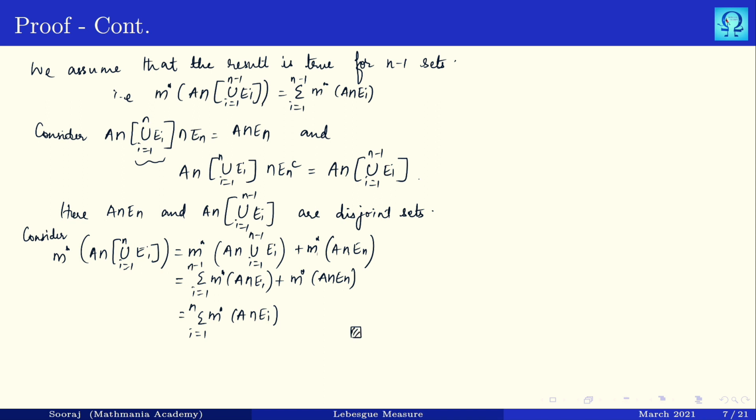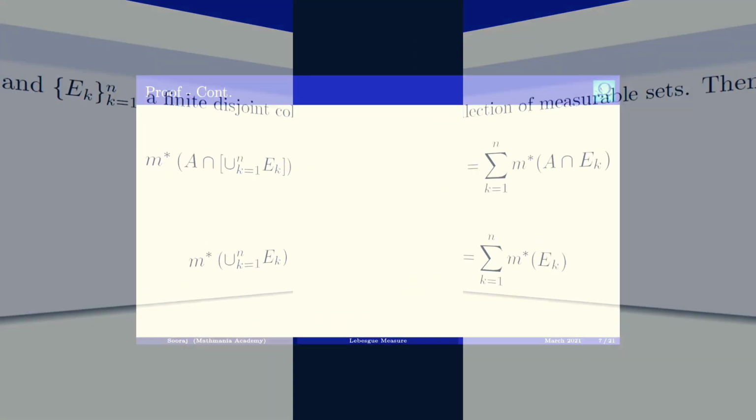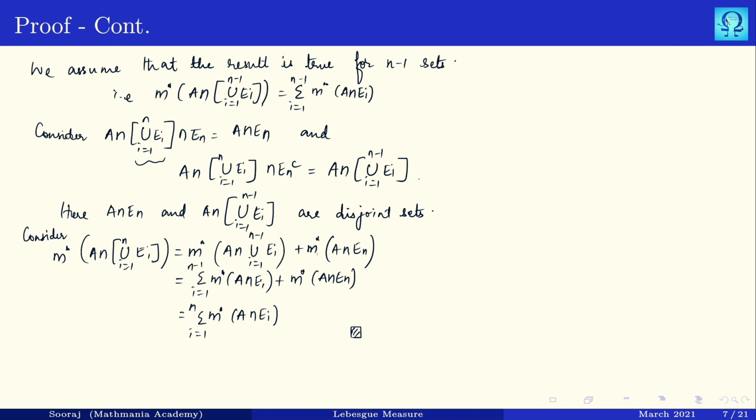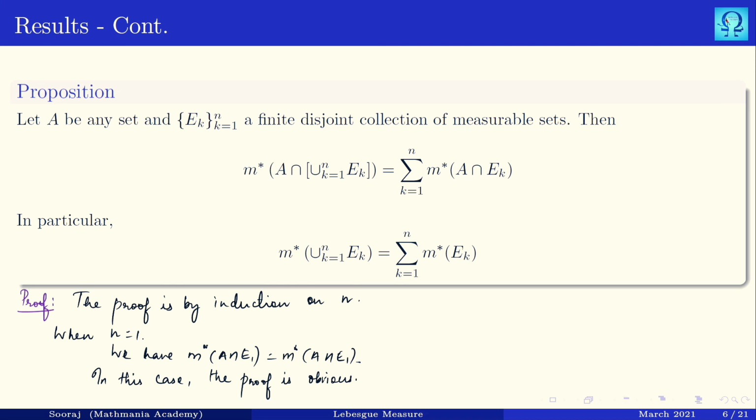Now you may ask me, we have just proved the result for n equal to 1 and we assumed it is true for n minus 1 sets. What is the necessity that n has to be bigger than 2? What if n is equal to 2? Coming back to the proposition statement, A is any set and Ek is a finite disjoint collection of measurable sets.